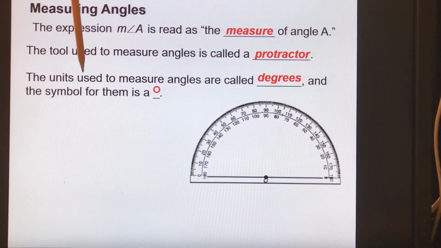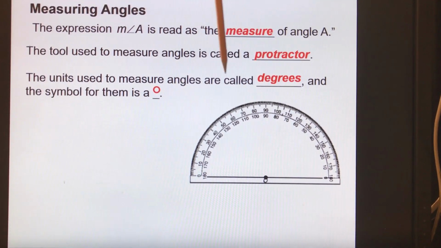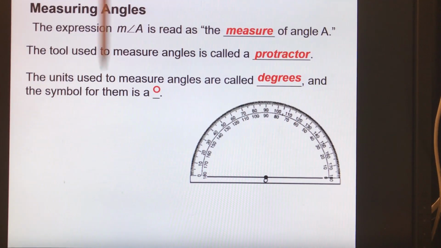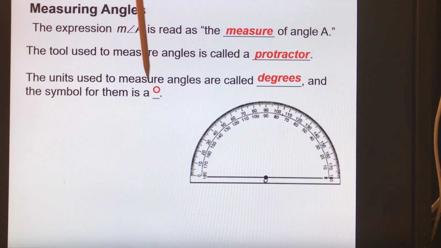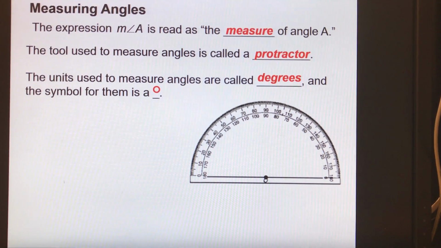The units used to measure angles are called degrees, and the symbol for them is a little o. It is in the exponent position when you write your number for the angle.